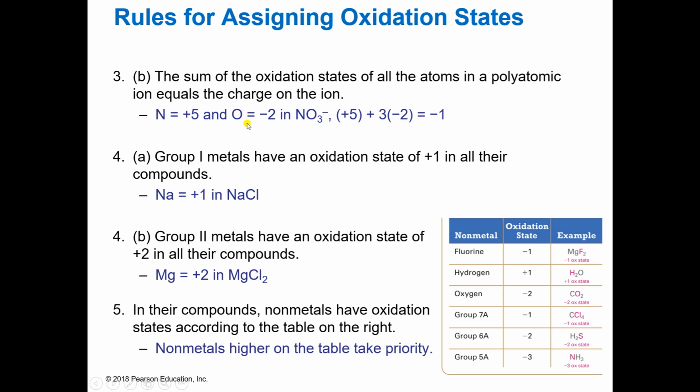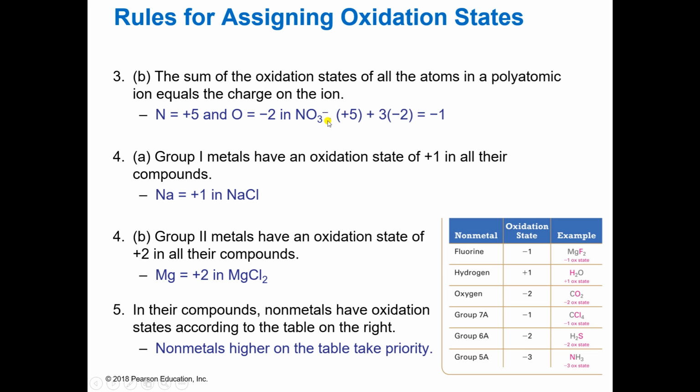Couple of rules are the most electronegative element gets first dibs on the negative oxidation number. So even though nitrogen would have a charge of -3, it is less electronegative than oxygen. So nitrogen in this case gets the positive oxidation number. Again, oxygen is always -2.